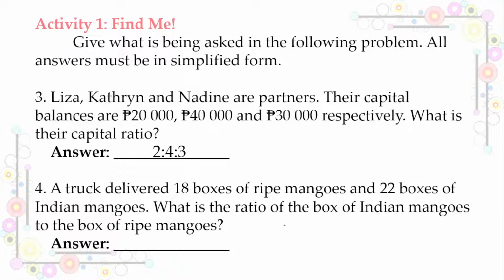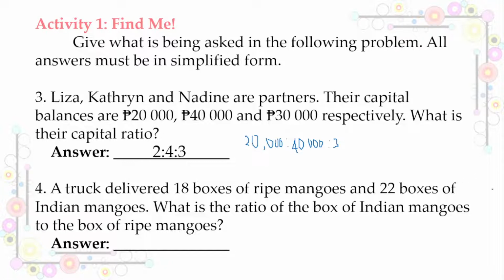But the original ratio is 20,000 is to 40,000 is to 30,000. Okay?